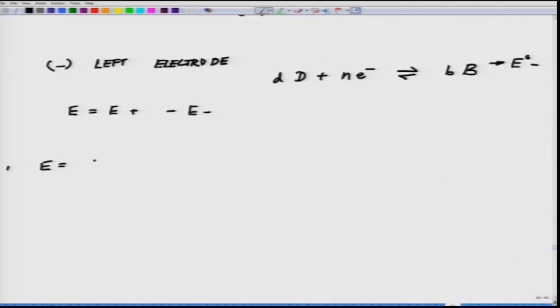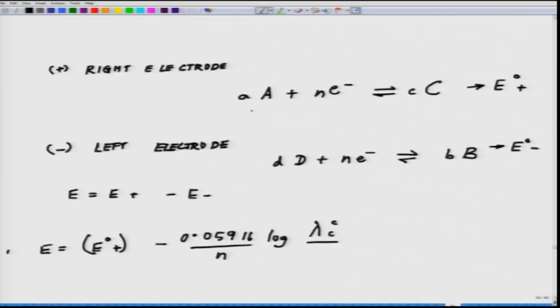E is equal to E0 plus, minus... So, this is minus E0. I am not deriving it further because you already know this, divided by number of electrons, log to the base 10 of C, A. So essentially I am writing this term and this term is coming there.